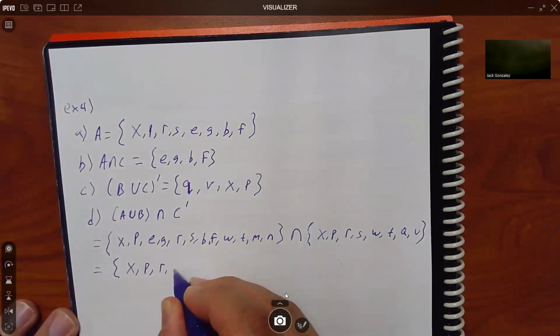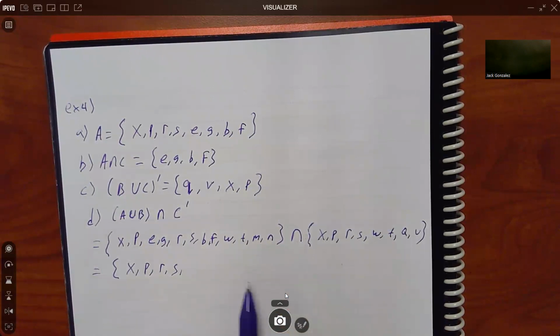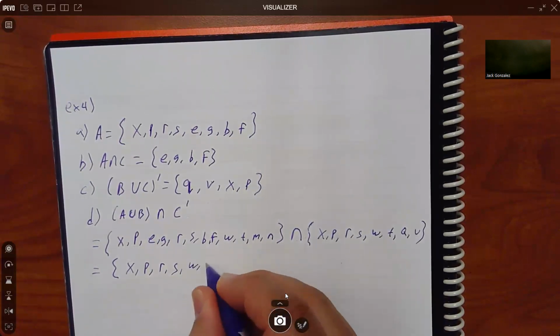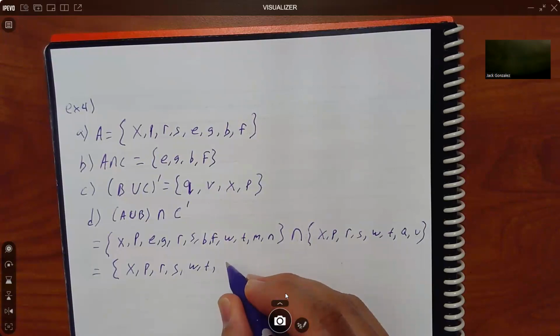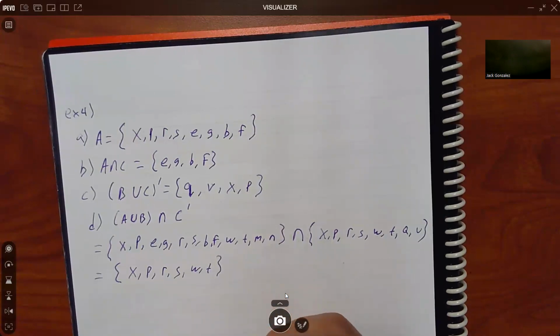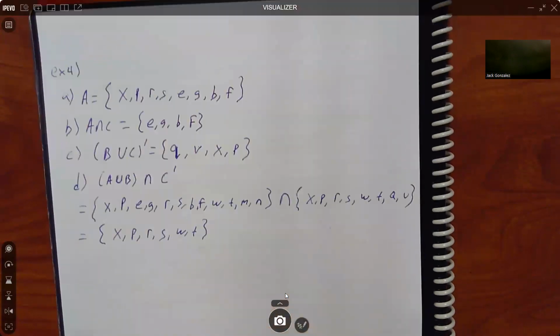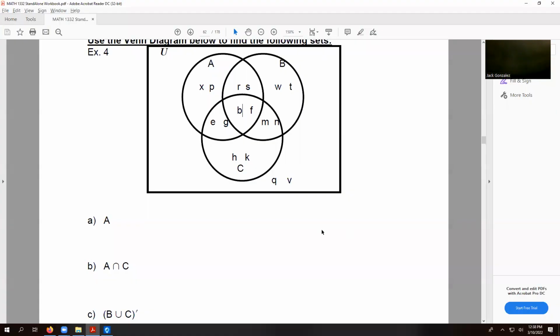R, S, W, T. That'd be it. All right, that makes sense, right?